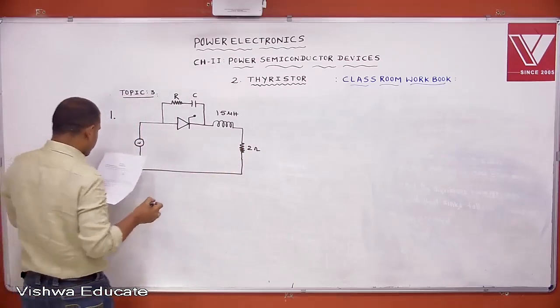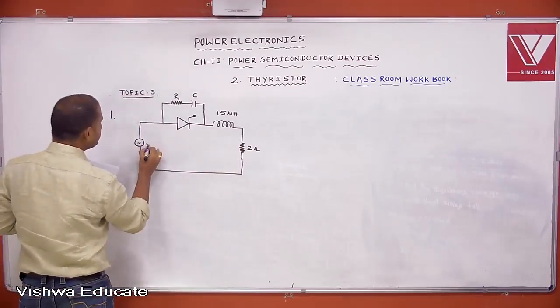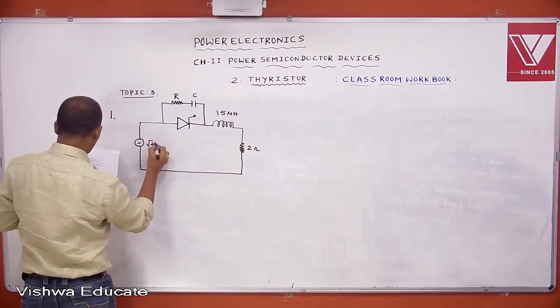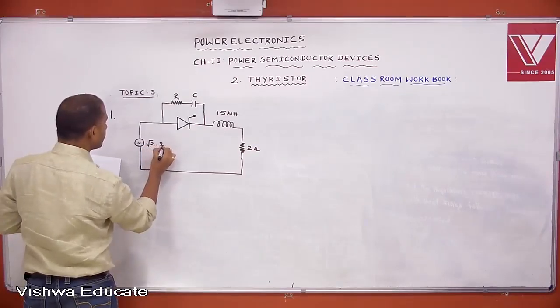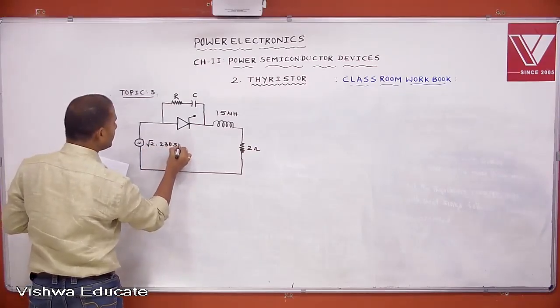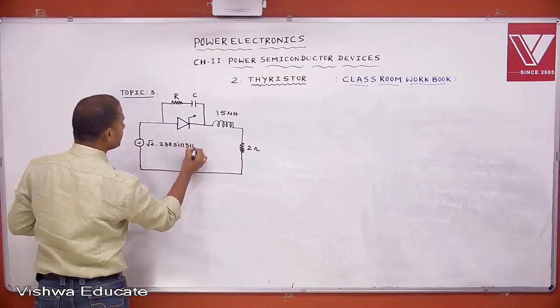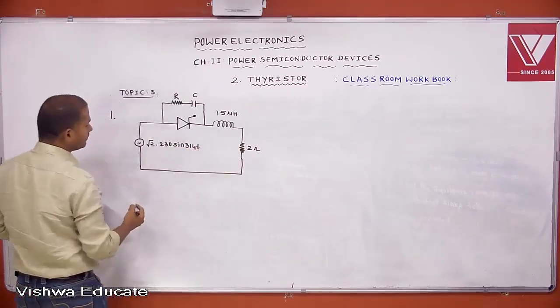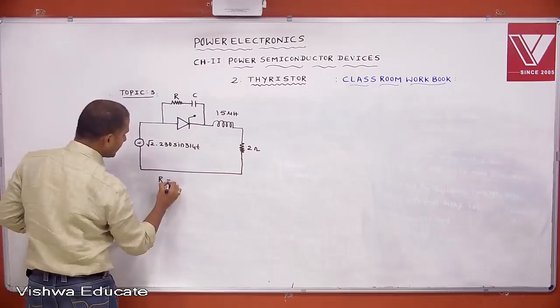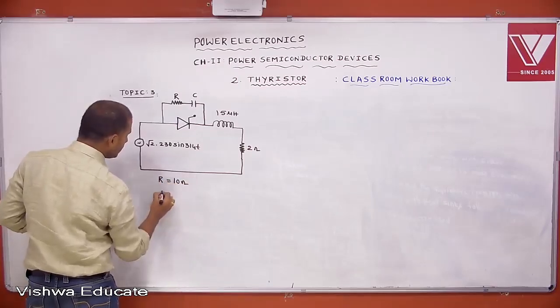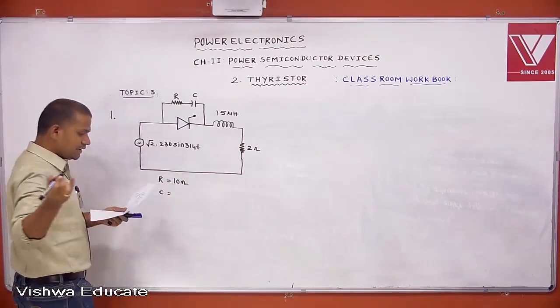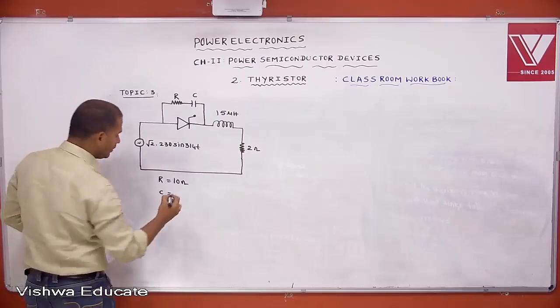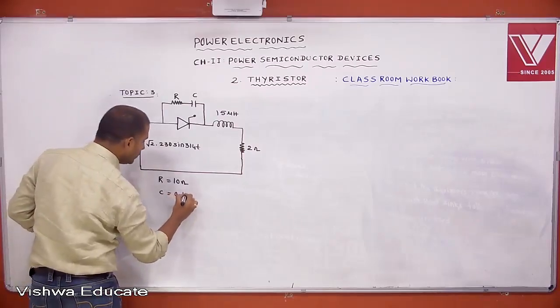The supply is root 2 into 230 sin 314t. This is the given circuit. R is given as 10 ohms. C is given as 0.15 microfarad.